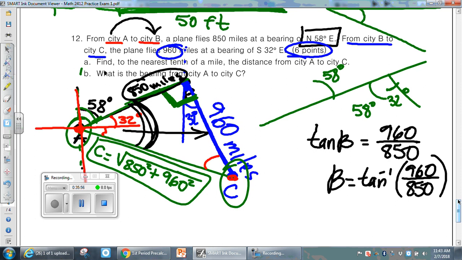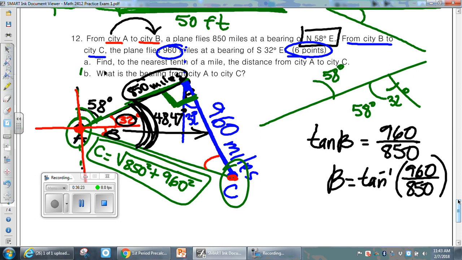Over 48.47. So 48.47 together, right? Then if we subtract the 32, so just put minus 32, we get 16.47.